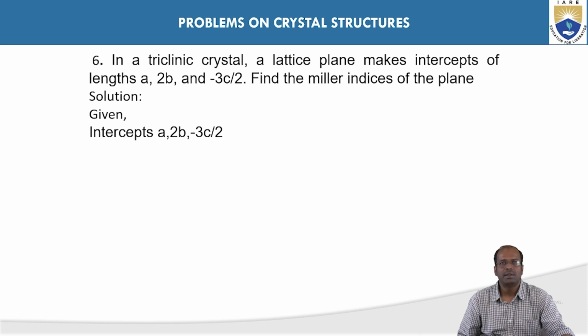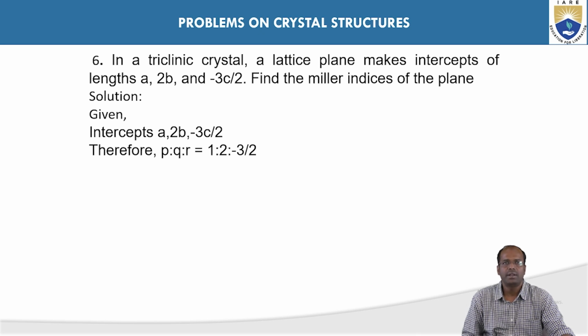So the intercepts given are A, 2B, minus 3C by 2. So we have the formula: P is 1, Q is 2 and R is minus 3 by 2.